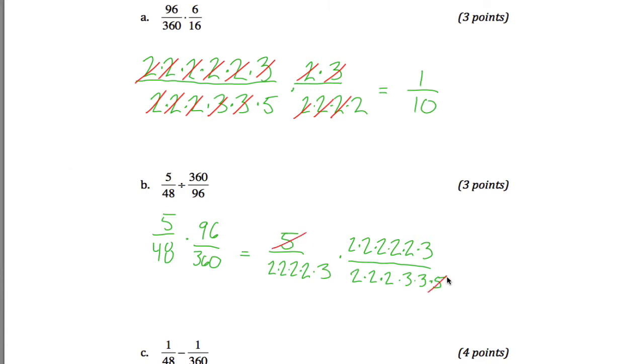There's a 5 here and a 5 here. Awesome. There's a 2 here, 2 here, and so on down the line, 3 there, 3 there. I was able to again get rid of everything in the numerator. So I'm again left with just a 1 up top. And in the denominator, I got 2 times 2 times 3 times 3. 4 times 9, I got 36.